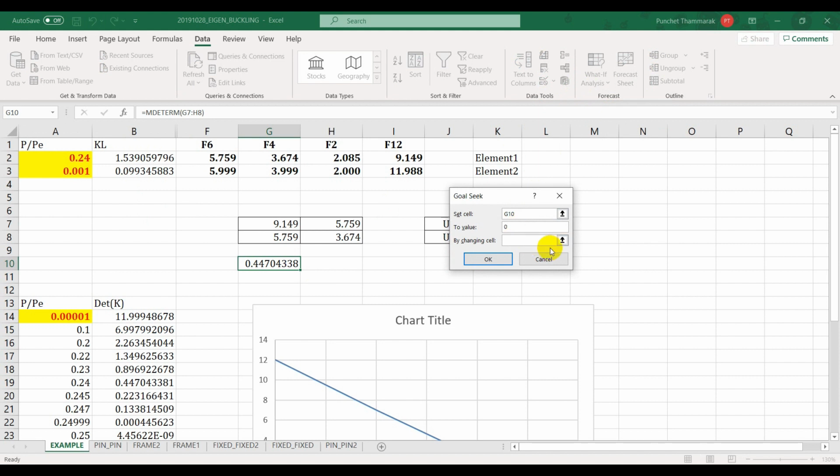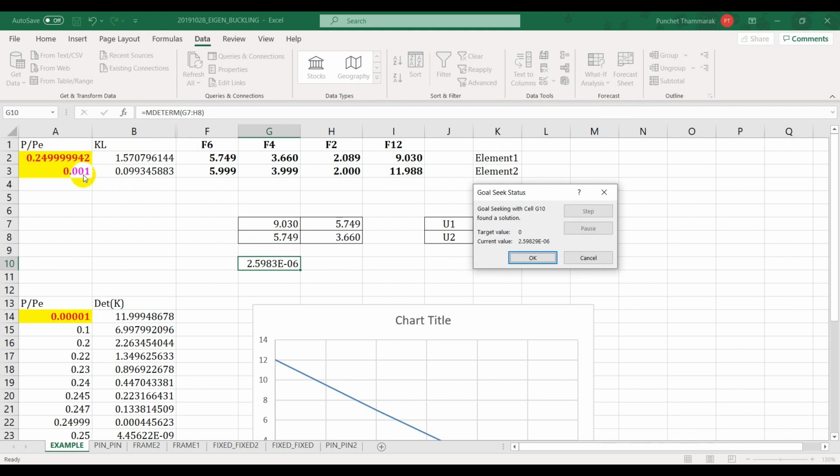It should be value 0 by changing this cell. This is 0.25 already, right? No, e to the minus 6. This is close to 0. Sorry, I'm confused myself. So this value is changed to 0.249999, which is about 0.25, and this determinant is about 0. Okay, so it works.